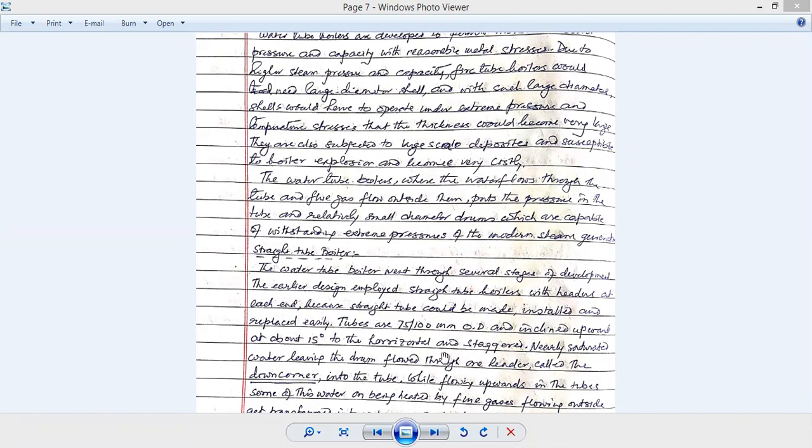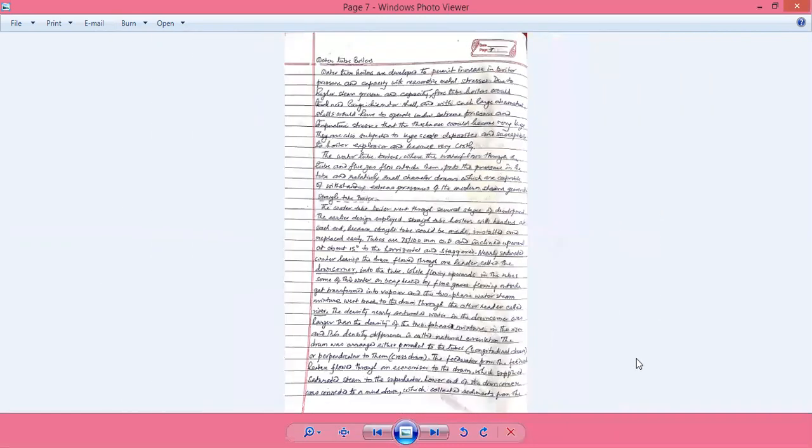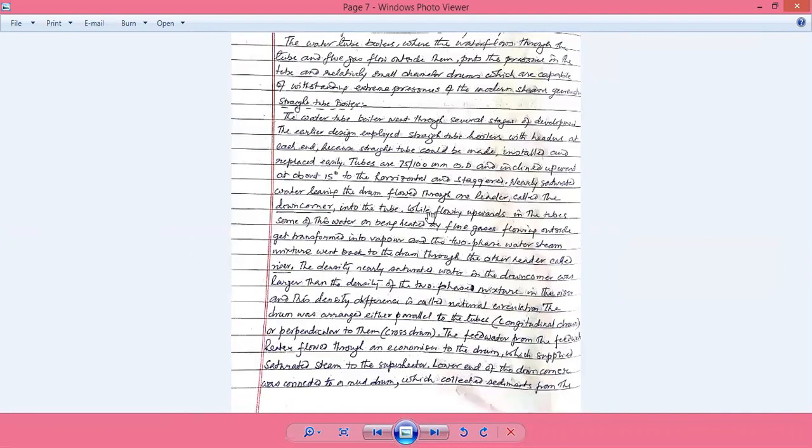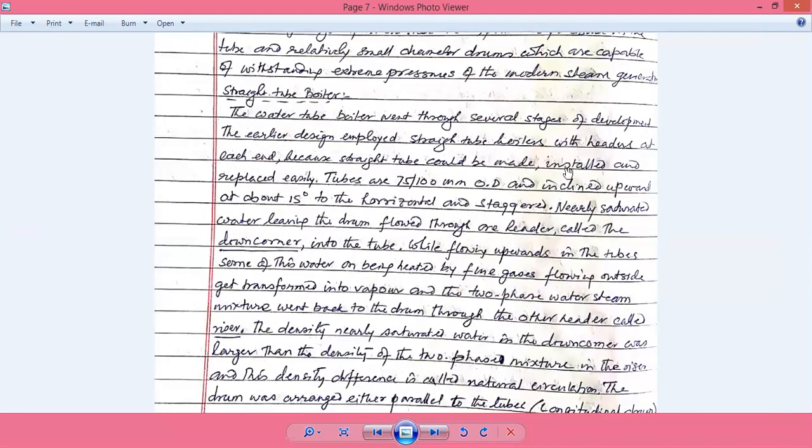Generally, the tubes are made of 75 to 100 millimeter OD, that is up to 10 centimeter, and inclined upwards at about 15 degrees to the horizontal, and staggered.